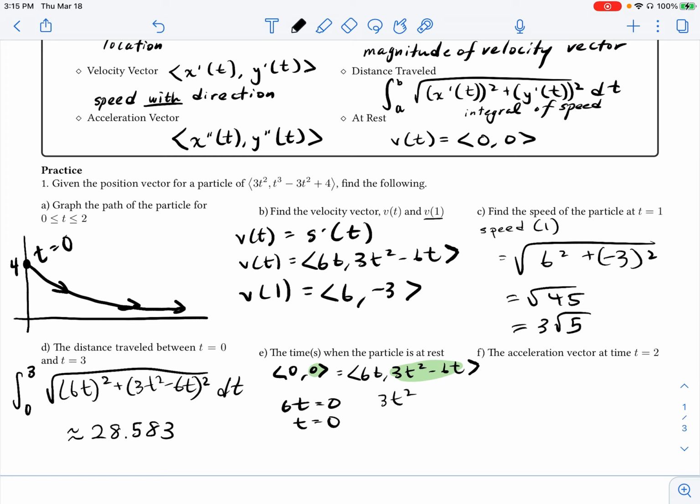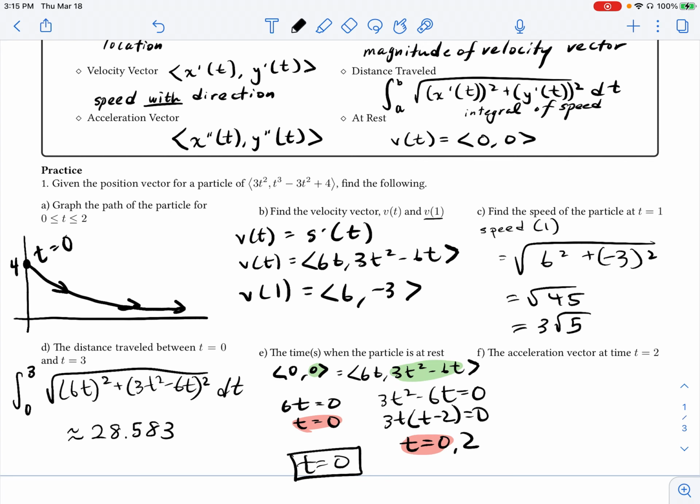So 3t squared minus 6t is equal to 0. If we factor that out, we get 3t times (t minus 2) is equal to 0. So t is equal to 0 and 2. The time when the particle is at rest is when both the vertical and your horizontal components are equal to 0. That happens here. So we would say that our particle is at rest when t is equal to 0.